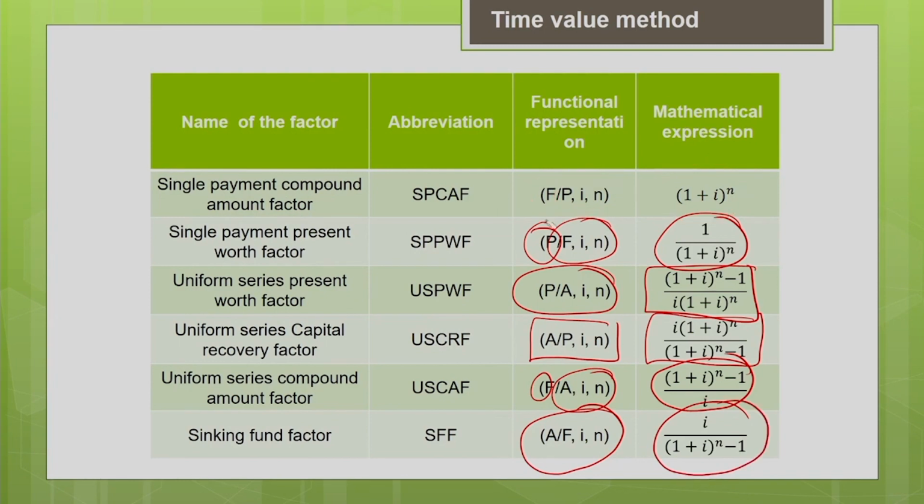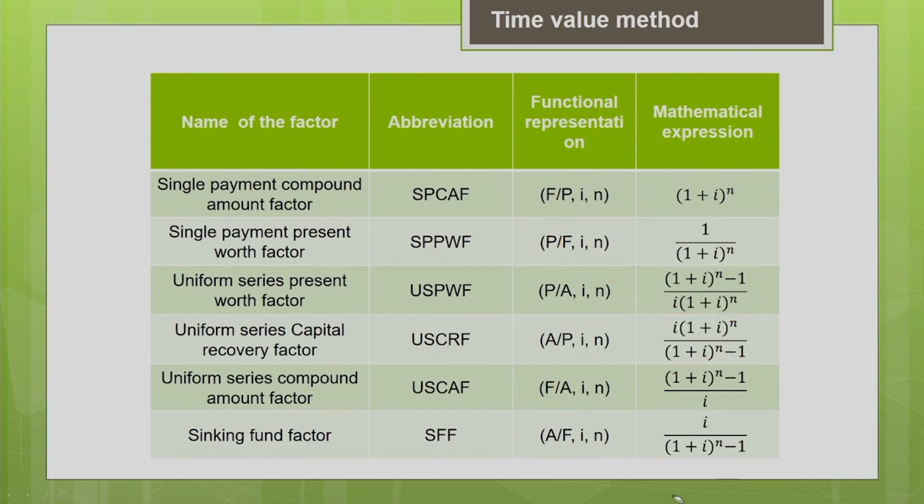You can see that these two are inverse of each other, similarly these two, and these two. So if you know one, you can calculate the other one. You need not remember all the compounding factors, but at least one of every important pair you should remember.